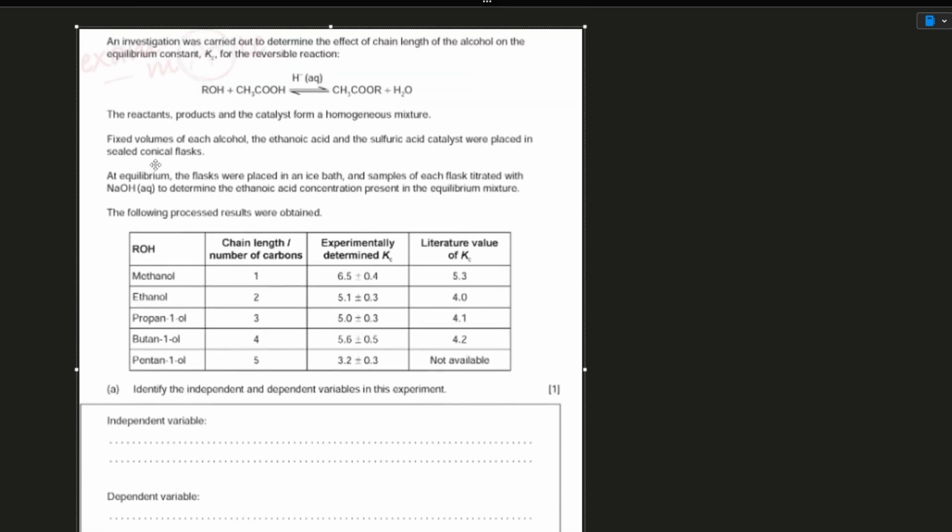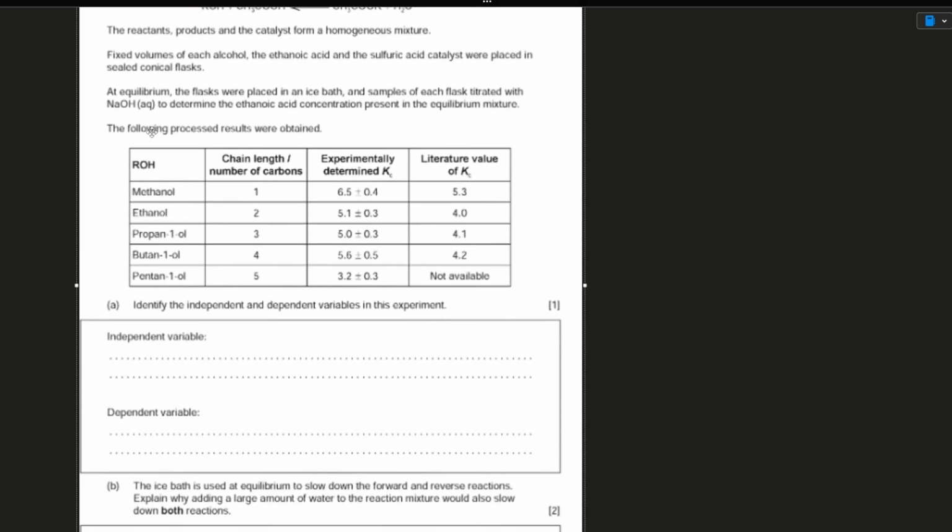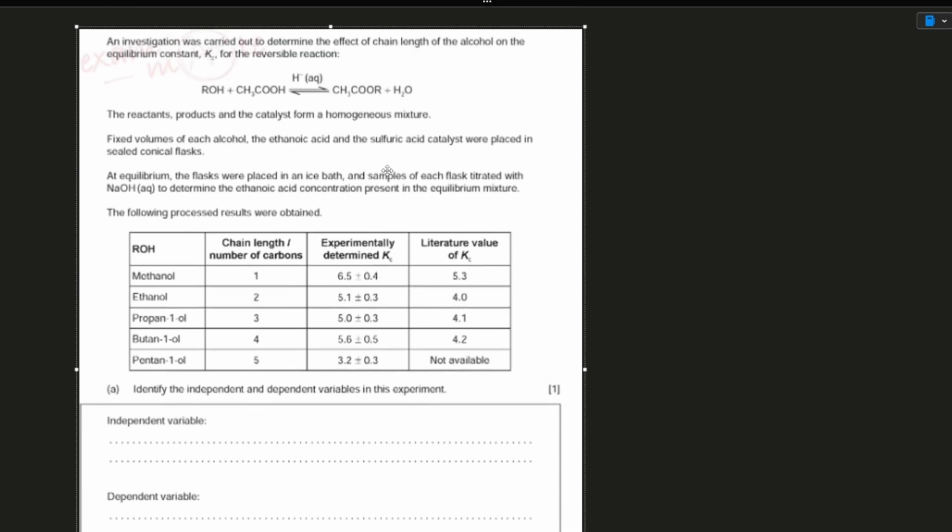So the following results were obtained. Here we have the reactants of each alcohol. We have the chain length, the determined equilibrium constant, and the actual value of the equilibrium constant.